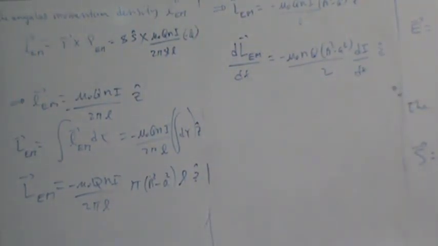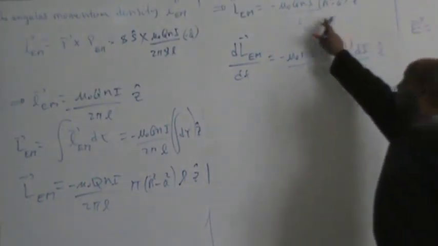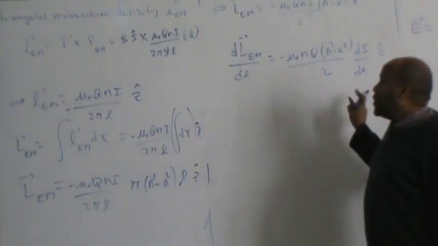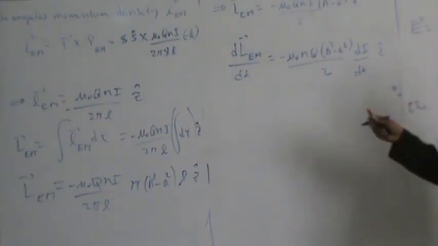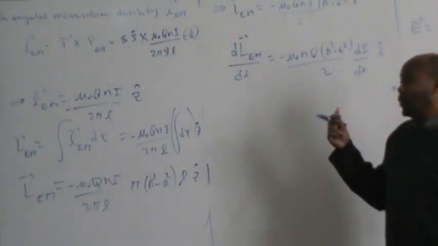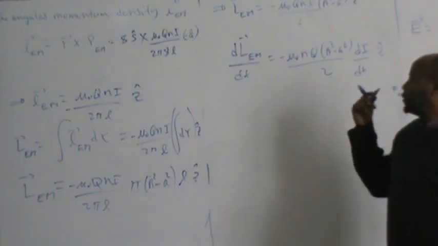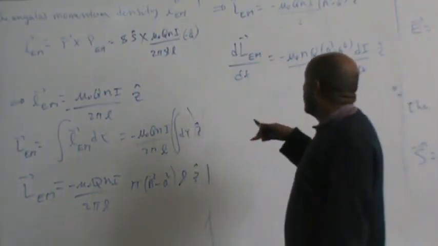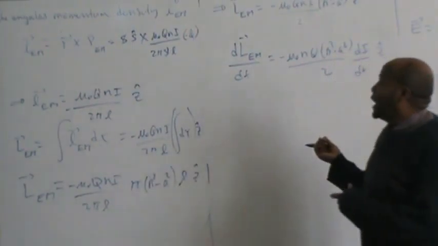So that tells you that the electromagnetic field angular momentum is decreasing at this rate, while the cylinder is gaining at the same rate, because we showed it's positive for the angular momentum of the cylinder. So the rotation of the cylinder comes from the transfer of angular momentum carried by the fields into the cylinder.